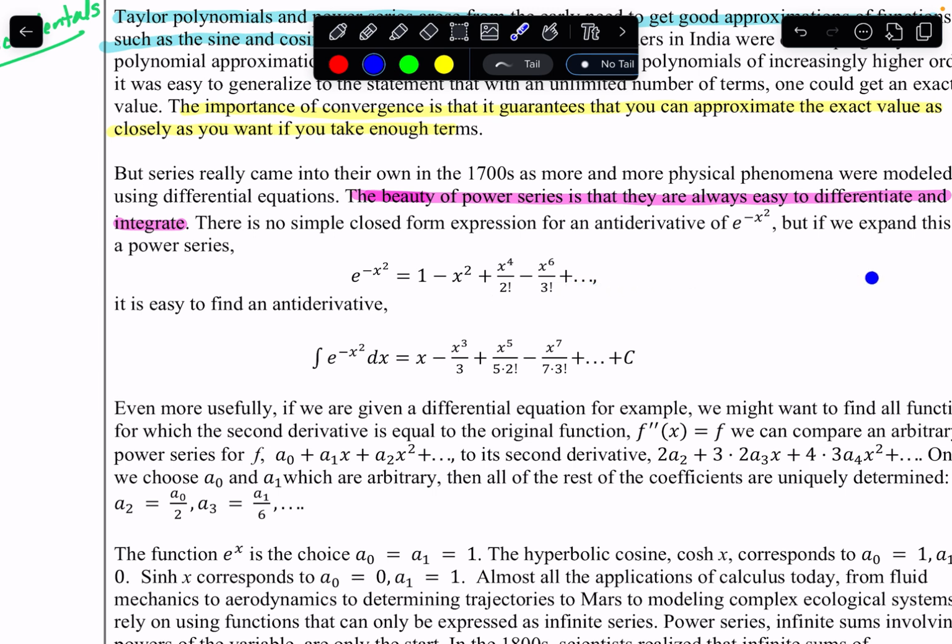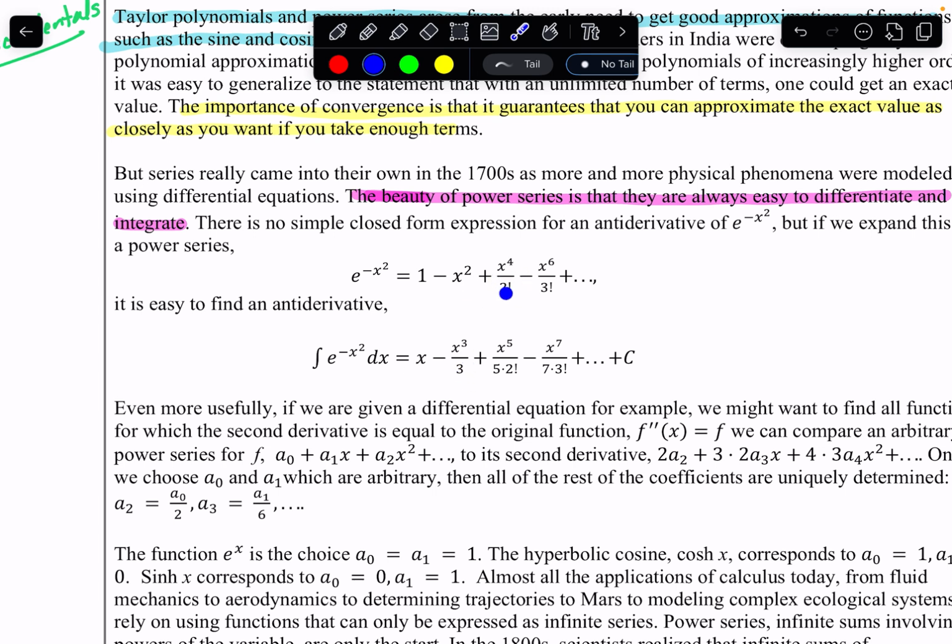Now, obviously with an infinite number of terms, because if you only use 4, they're not going to be exact at some point. I need an infinite number of terms, but this is a pretty good start to give me a decent estimation. So what I can't do is integrate e to the negative x squared and get a closed form expression. What I can do is integrate 1 and get x, and integrate x squared and get x cubed over 3.